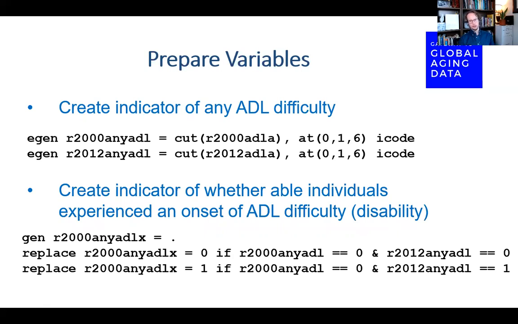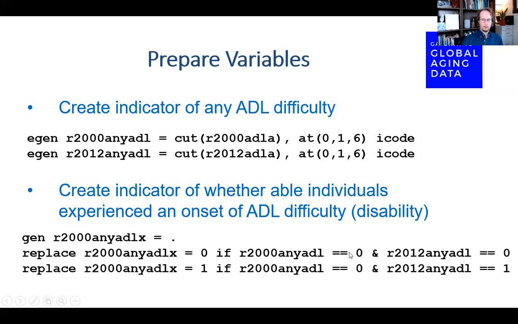And then we're also going to create an indicator of whether able individuals experienced an onset of ADL difficulty. And I use able to mean someone who has no difficulty with activities of daily living. So this variable is only going to have a value assuming that in 2000, the person didn't have any difficulty.